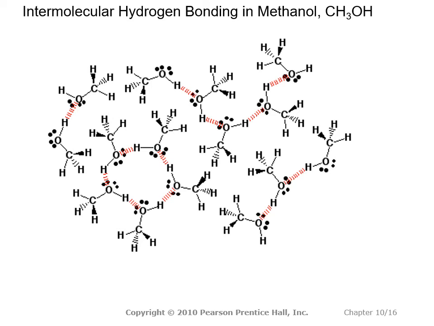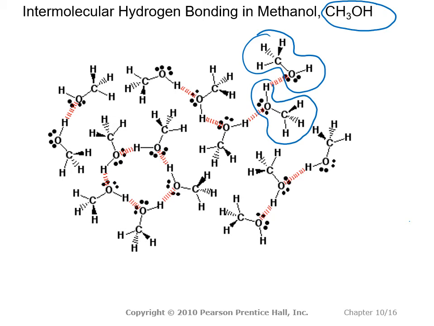Let's take a look at intermolecular hydrogen bonding in another molecule, methanol, CH3OH. So here is a methanol molecule, and you can see the little red intermolecular hydrogen bondings between the molecules of methanol. So let's circle the hydrogens that are capable of the intermolecular hydrogen bonding. This hydrogen, this hydrogen.